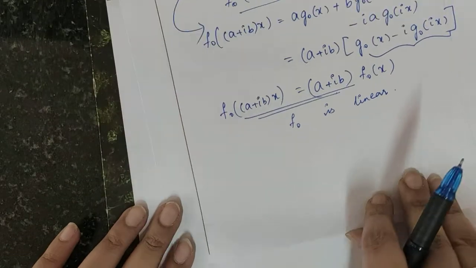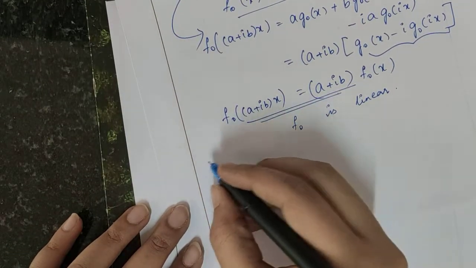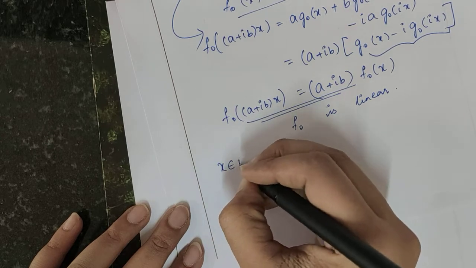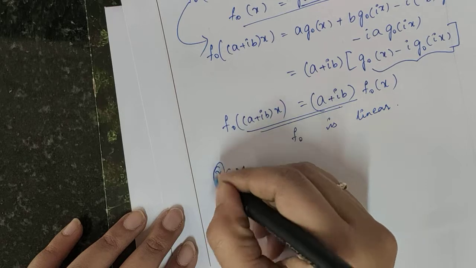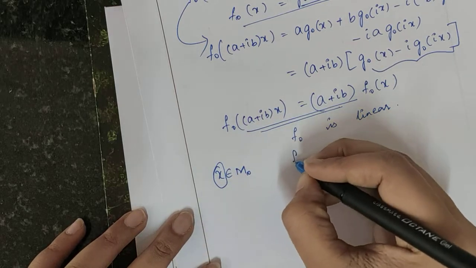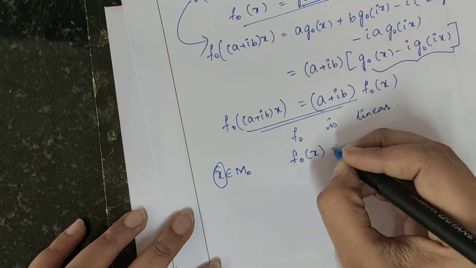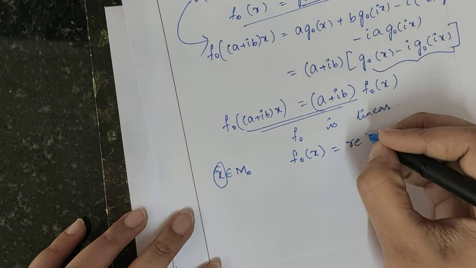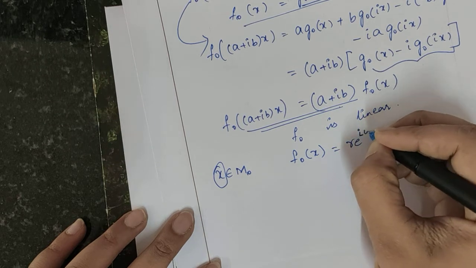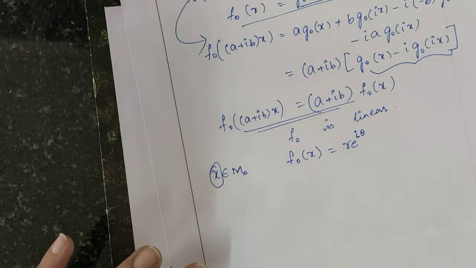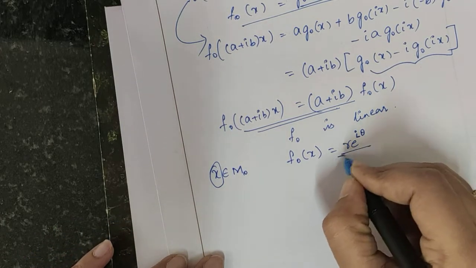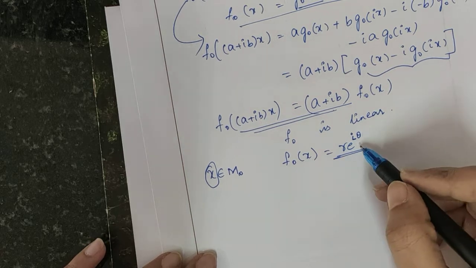So now I have to prove that f0 is bounded also. For that, first I will consider a point x which belongs to the space M0. This is some arbitrary point. Okay. So we can define our f0 of x function as r into e power i theta. Since we are in complex valued function, we are defining f0 of x in terms of e power i theta.